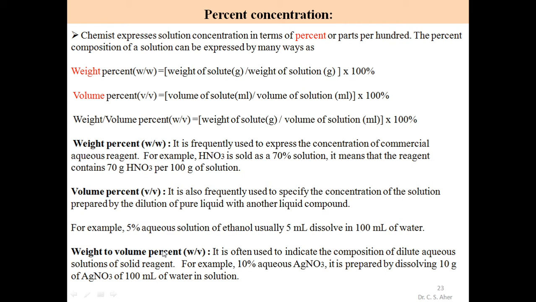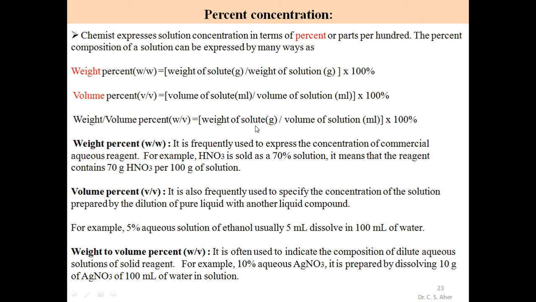What is weight to volume percentage? W to V. It is often used to indicate the composition of dilute aqueous solutions of solid reagents. For example, 10% silver nitrate, AgNO3. What is that 10% silver nitrate?